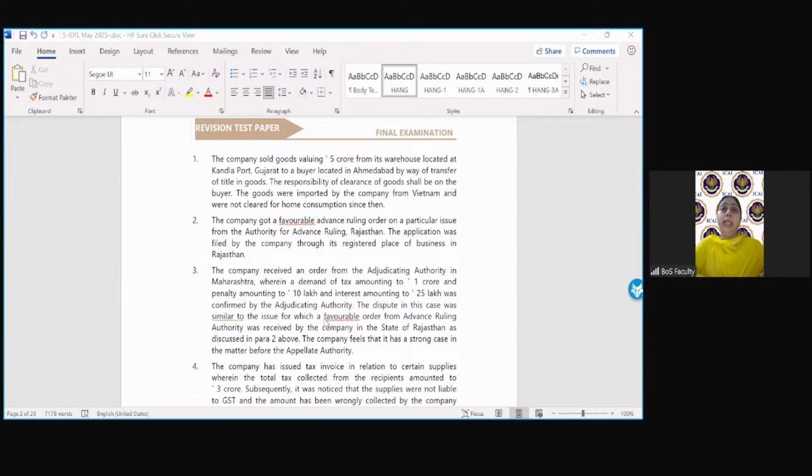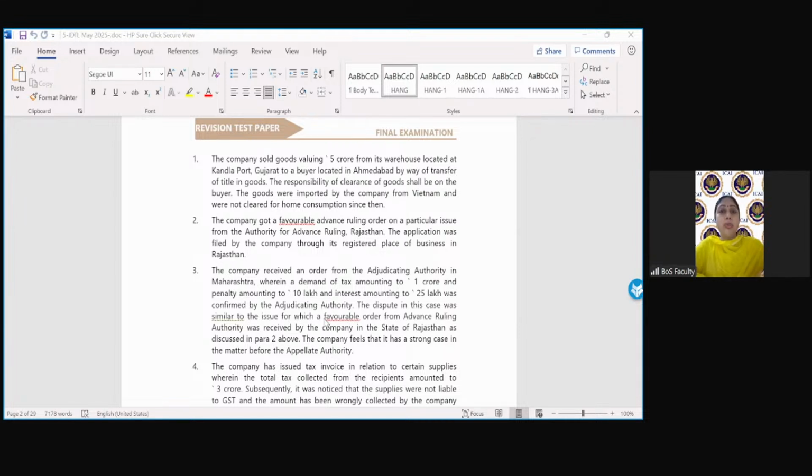So if you supply goods lying in the customs warehouse to any person without clearing them for home consumption, that amounts to a non-supply, because Schedule 3 contains the activities or transactions which do not amount to supply. And that is why no GST is leviable on this particular transaction.